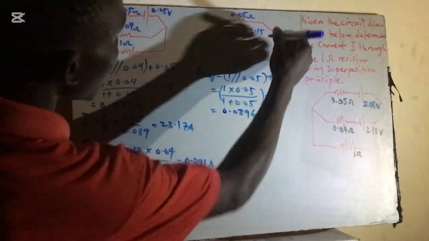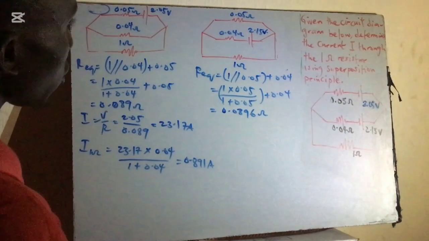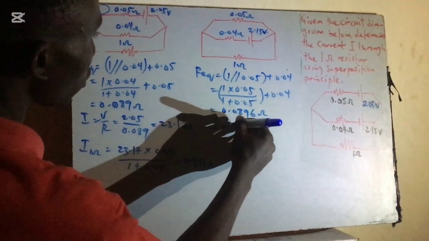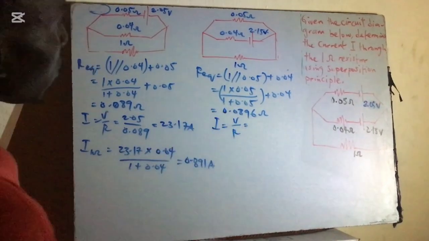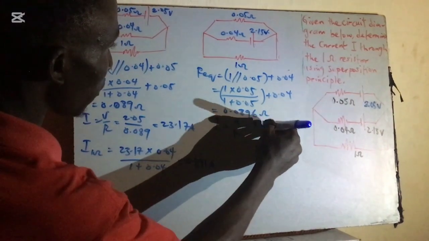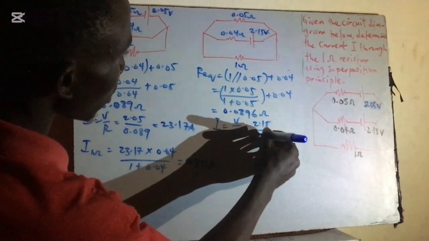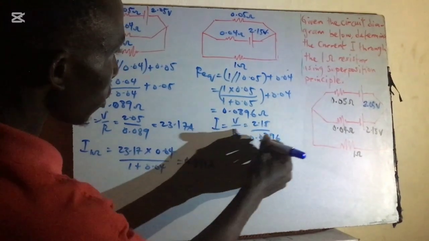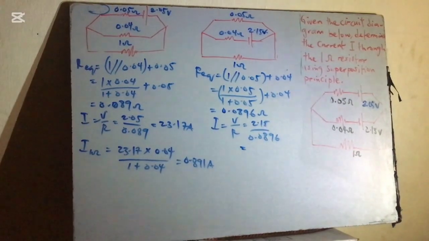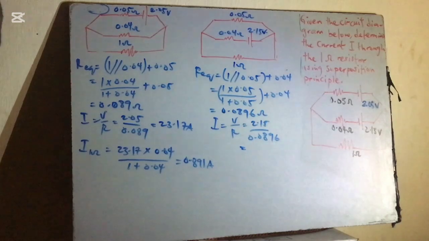Now we need the current. We have the voltage, we have the resistance. So current is going to be V over R. And what is V? 2.15. Then what is R? The one we got here now, 0.0896. So what will be our current in that place?